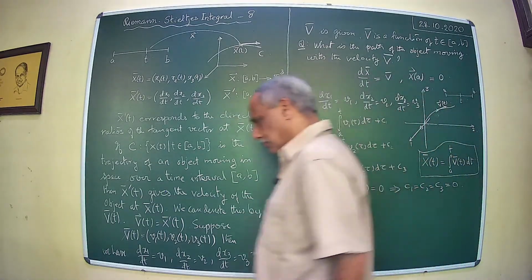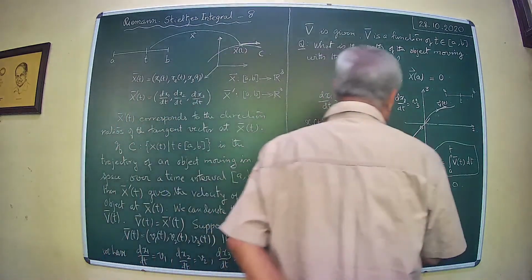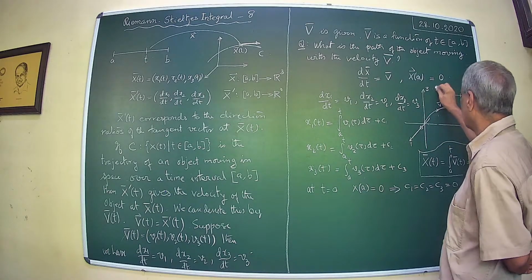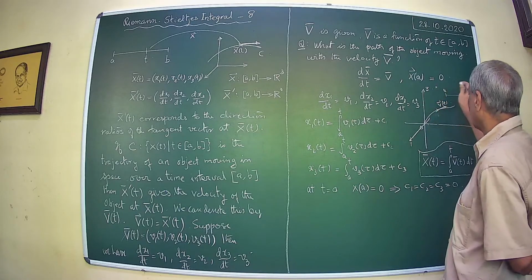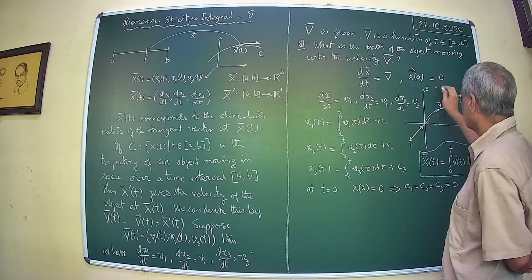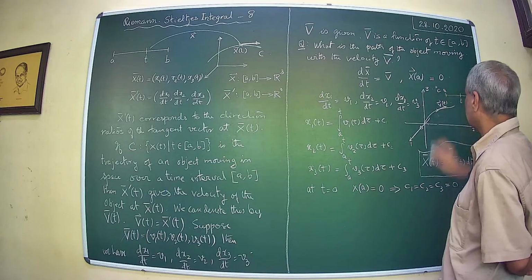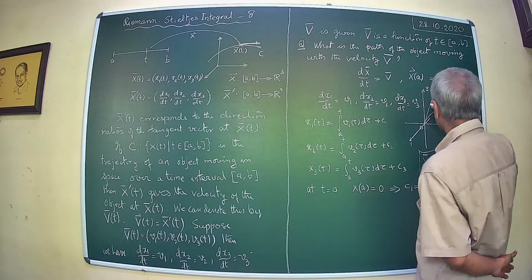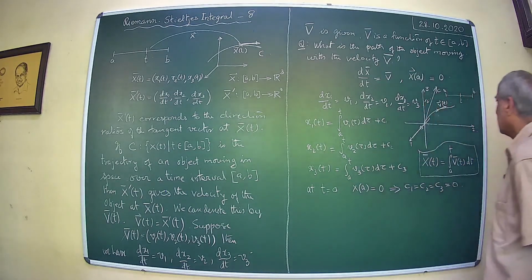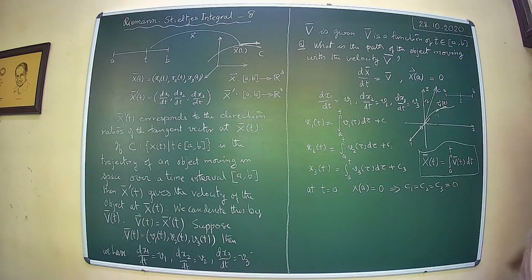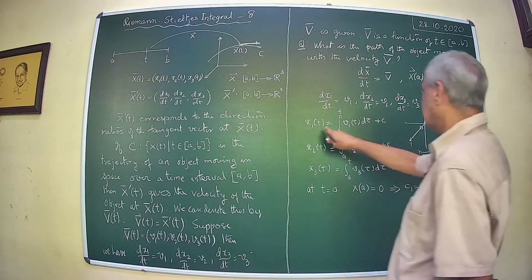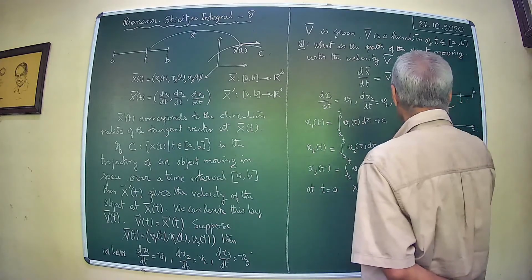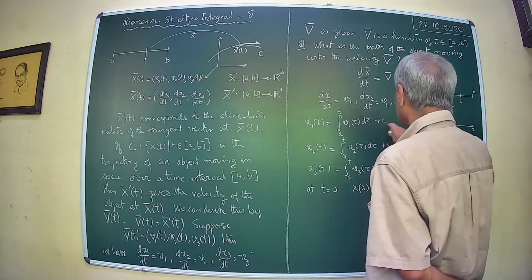Okay, let me make one more remark. Suppose instead of this initial point as 0, suppose you were to start at some other point, say C. Okay, suppose this is the initial point C. This is the vector C. Then again you will get the integral, and the initial condition will correspond to C, which in turn will fix C1, C2, C3.